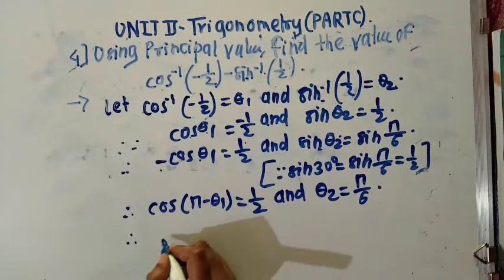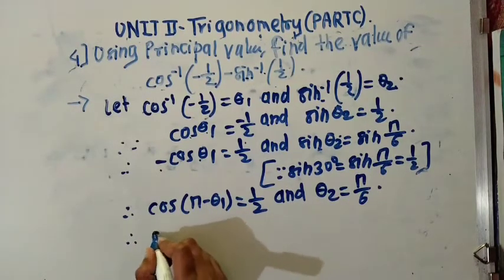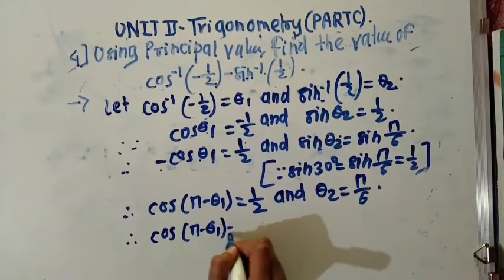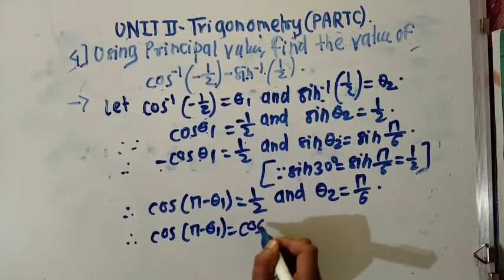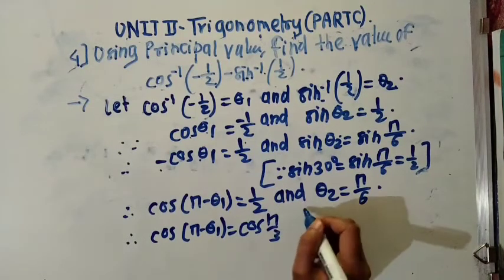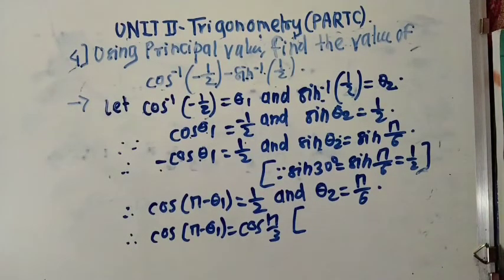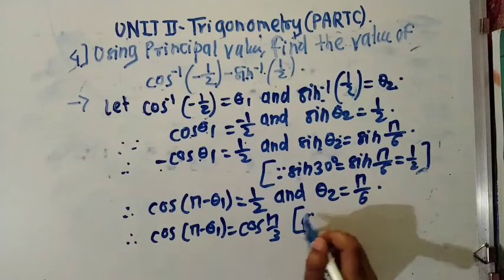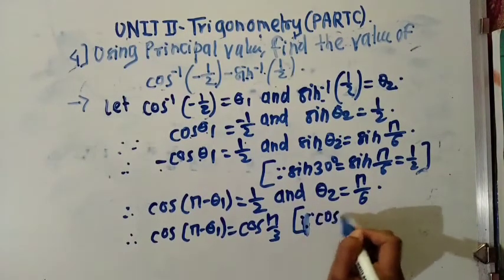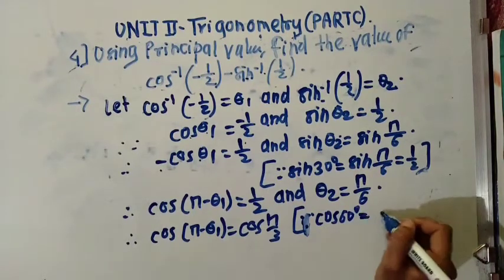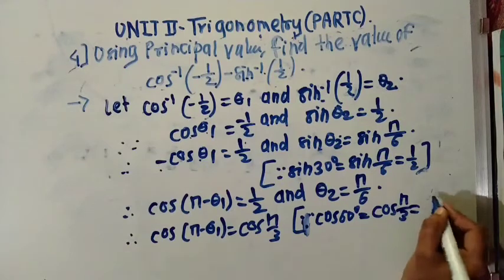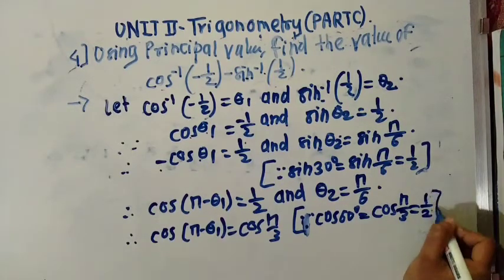But 1 by 2 is cos pi by 3, since cos 60 or cos pi by 3 is equal to 1 by 2.